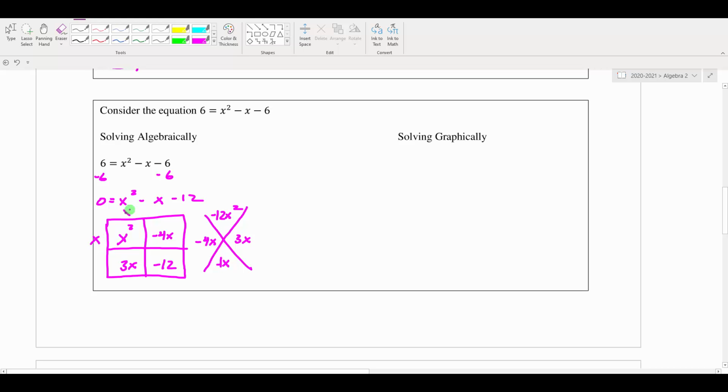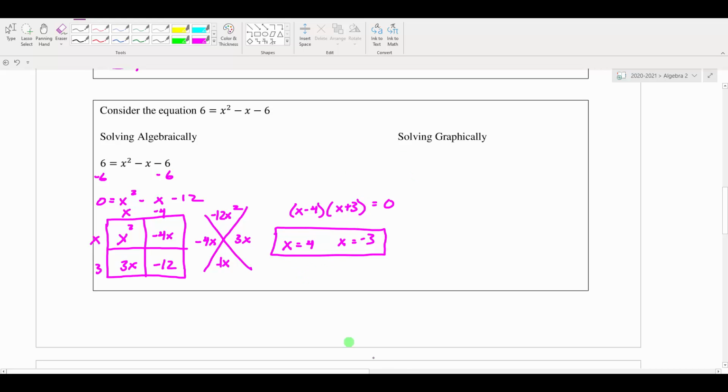And then I get my outside numbers, right? x times x is x squared. x times 3 is 3x, and x times negative 4 is negative 4x. So my factors are x minus 4 and x plus 3 equals 0. And then if I solve this, we set each of these equal to 0, we get x equals 4 and x equals negative 3. So there are my 2 solutions.